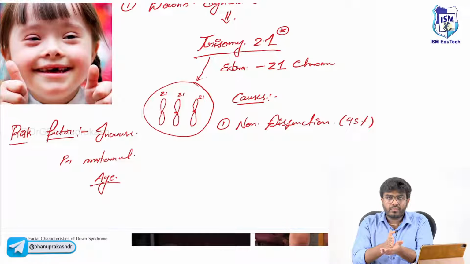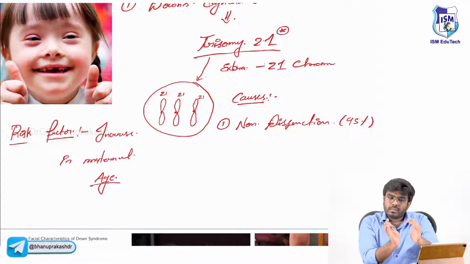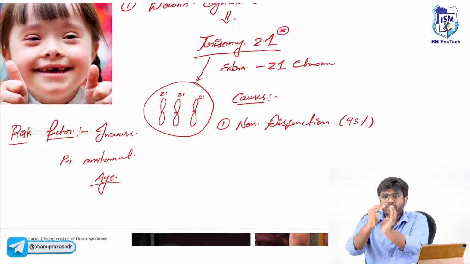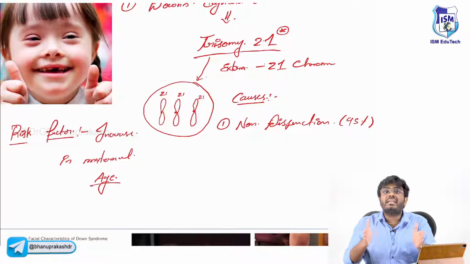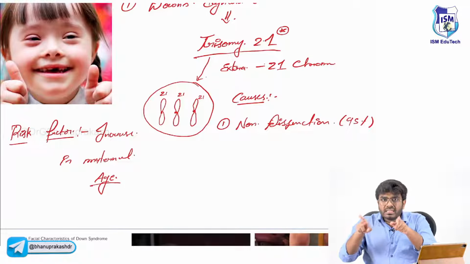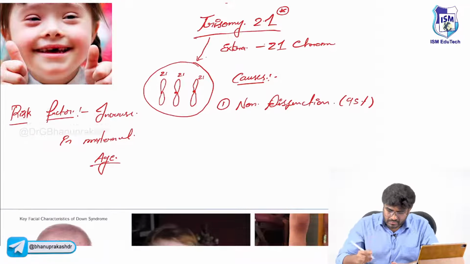The 46 chromosomes should split, with 23 chromosomes in one cell and 23 chromosomes in the other cell. It should be segregated. But in non-disjunction, this chromosome 21 is not separating.